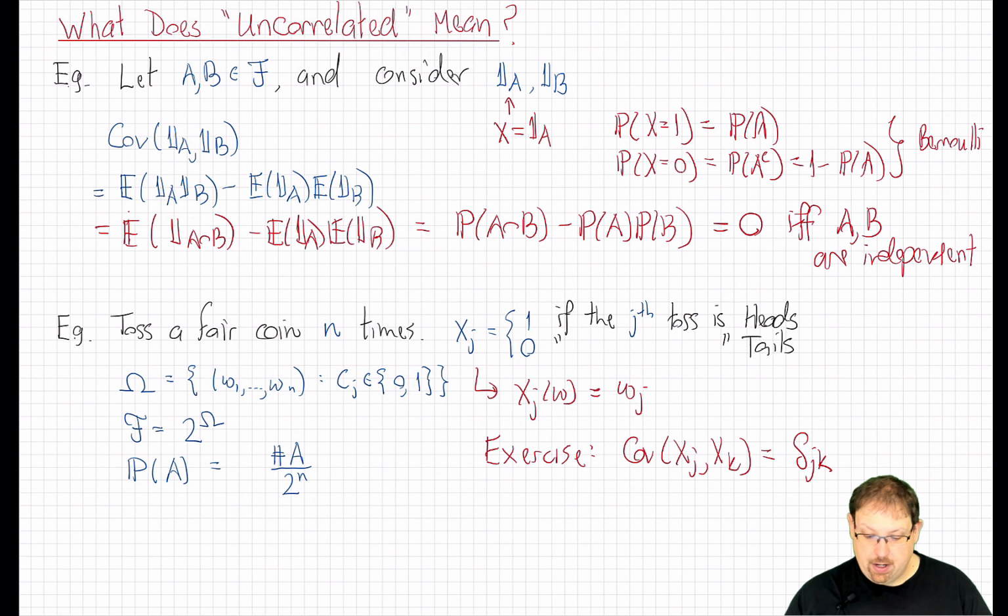It is 1 if xj equals xk, so each of these has variance 1, and it is 0 if j and k are different. So two different coin tosses are uncorrelated. That again should tell you something about the relationship between uncorrelated random variables and independence. But don't conflate the two. They don't mean exactly the same thing, as we'll see soon.